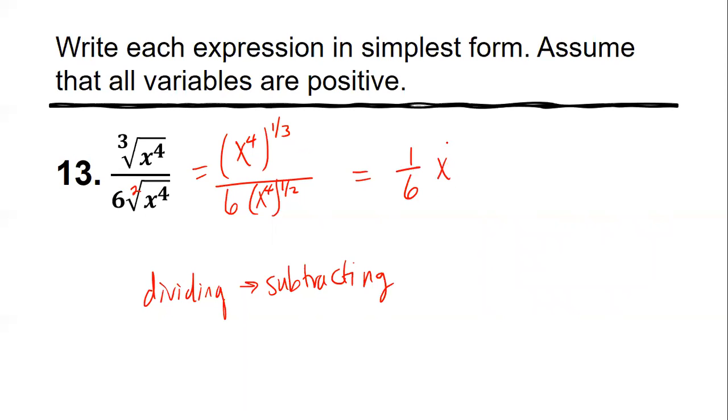So I have x to the 4/3 in the numerator over x to the 2 in the denominator, which equals, again, 1/6 is its own thing. And that gives me 4/3 minus 2. How do I find the difference of 4/3 minus 2?